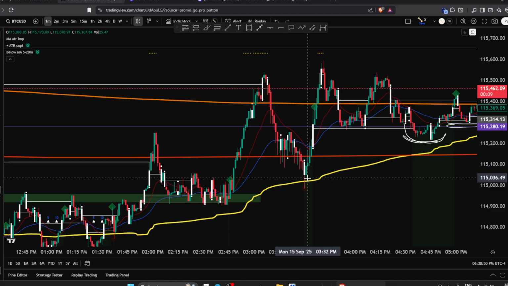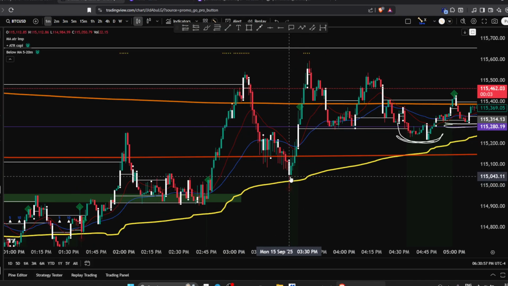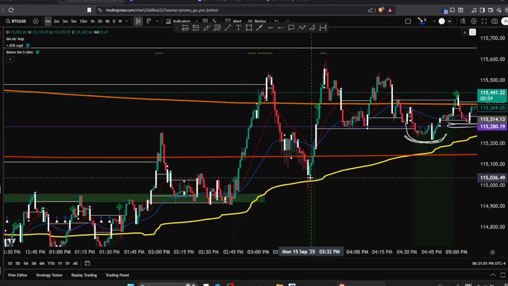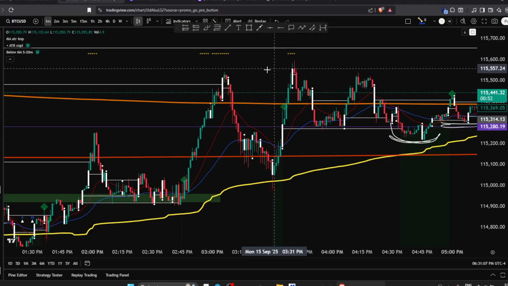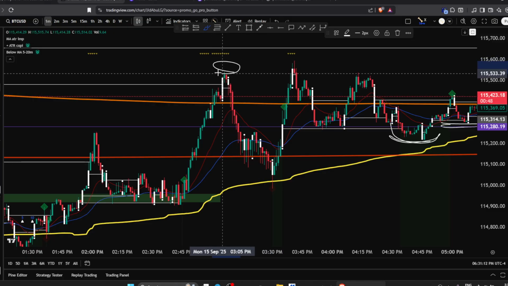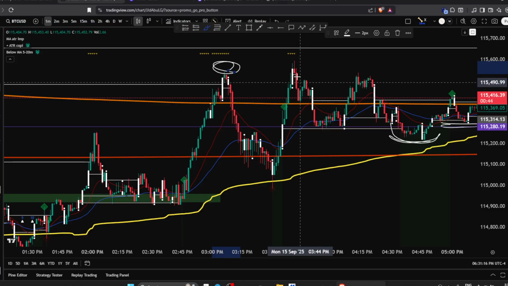These guys get stopped out, and then it finally taps into that moving average line. And then you'd want to be buying on the next green candle after that, with your stop loss right under here. And then price runs all the way up here until these guys get taken out, and then you get another turn.